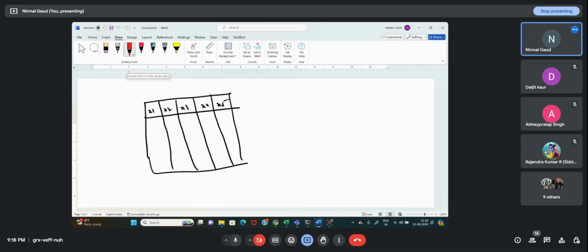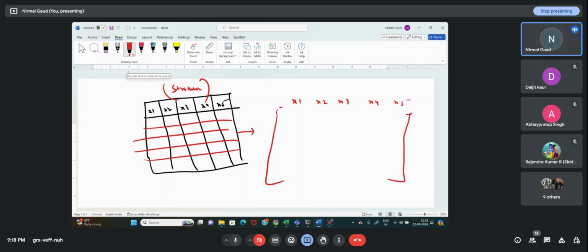These are the features. This is structured data because you are representing it in a tabular format. This is structured data, row-column format. These are the columns.